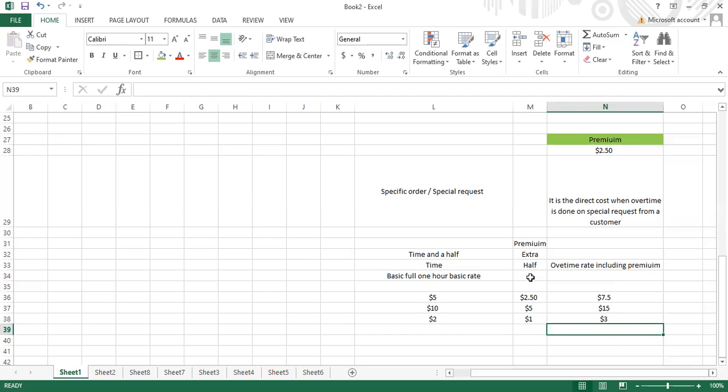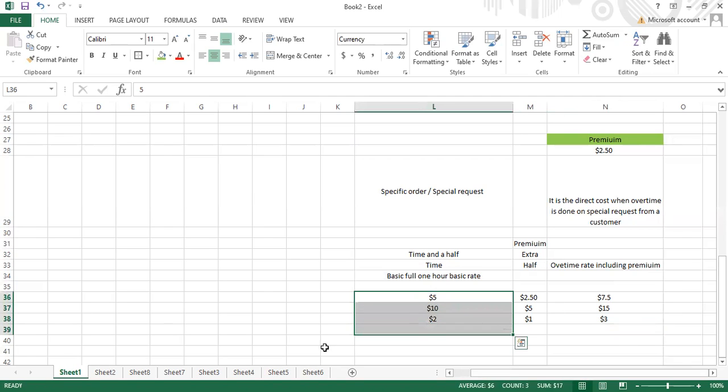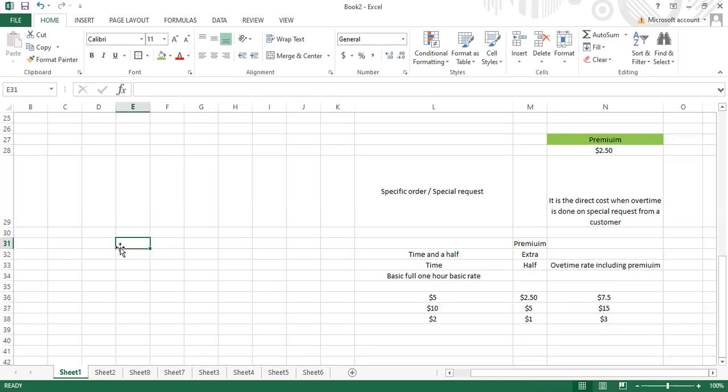So this is the thing. This is the basic, or we can say normal, hours, which are 40. If they are working overtime, it could be 5, so the total would be 45 hours.